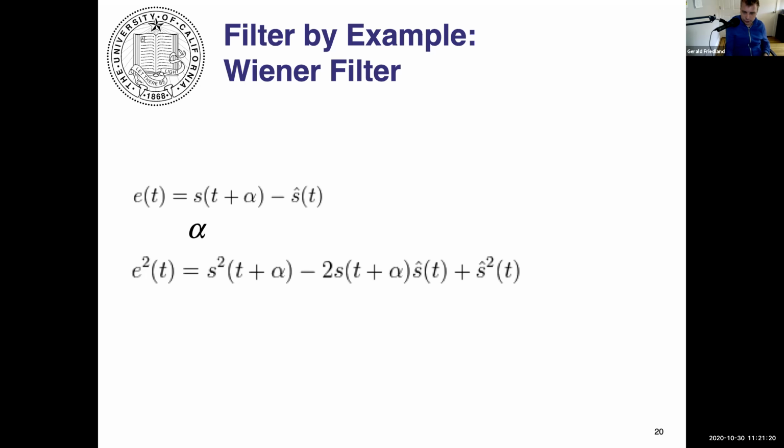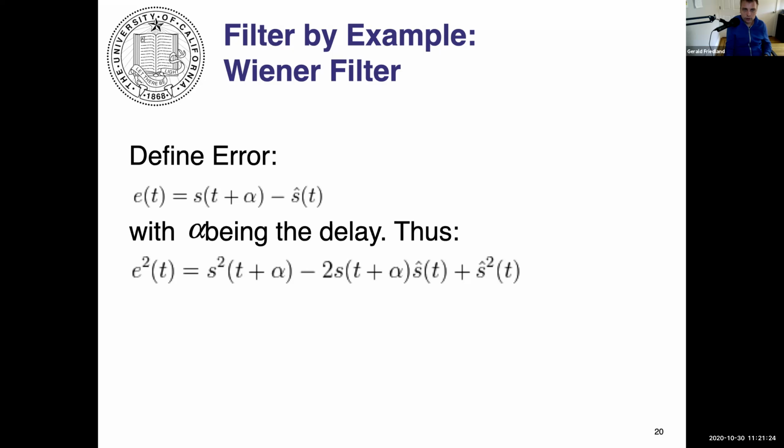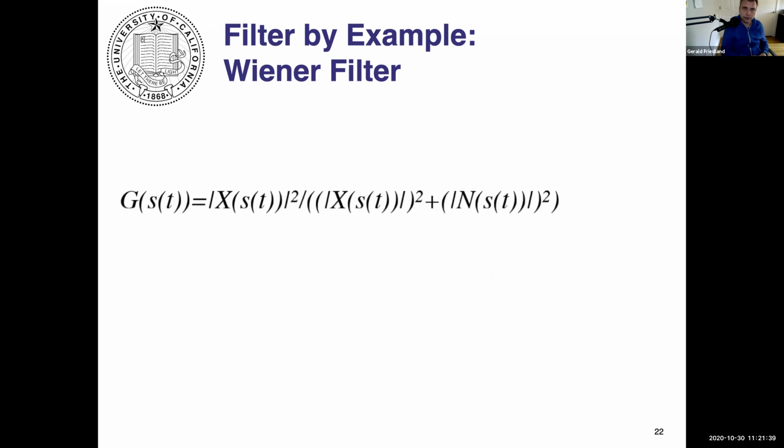And then you just do some math. You just define an error, right? You just say that's our error signal. And then also there's some delay in the signal. So it does both. It gets rid of the noise, but it also tries to help with the delay. And then you get, here we go. You can get to the Wiener filter in this way.